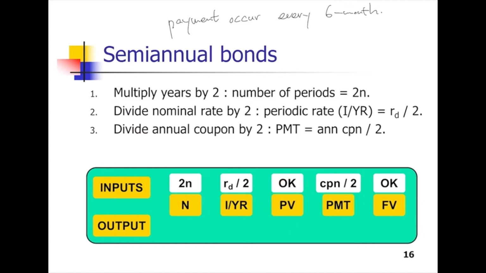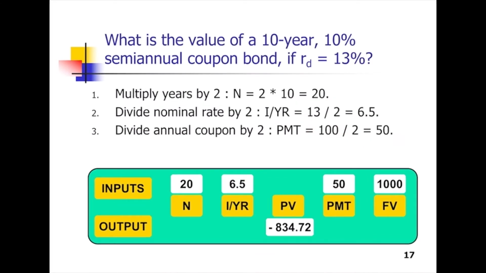And face value is also okay. And payment, as I mentioned before, payments occur every 6 months, so you should divide the annual coupon by 2.